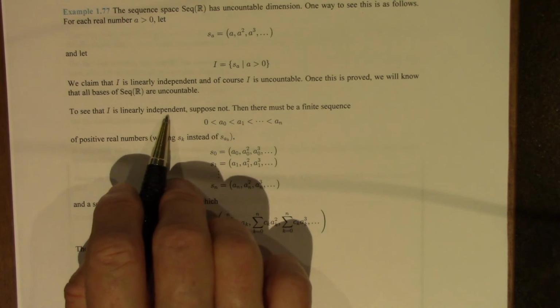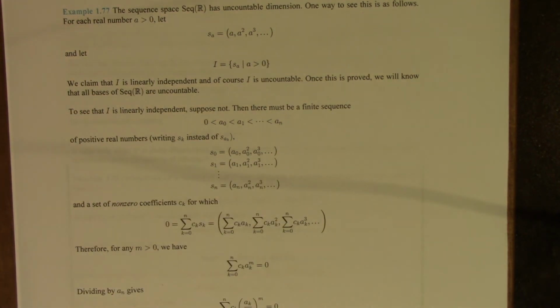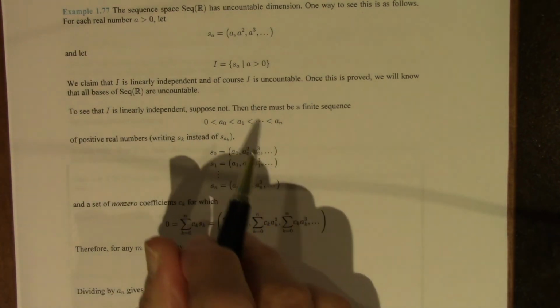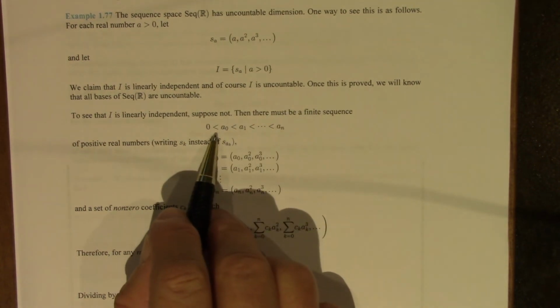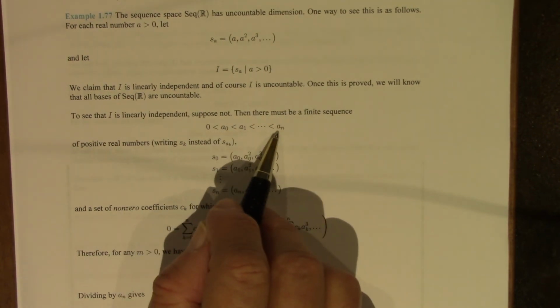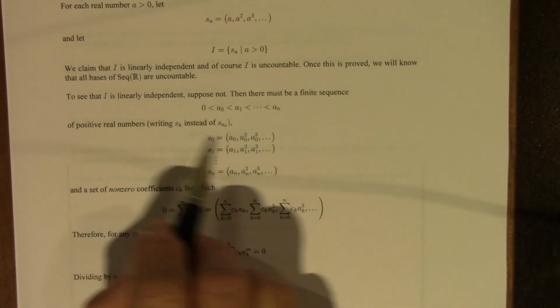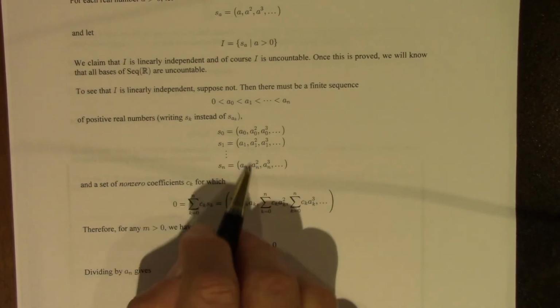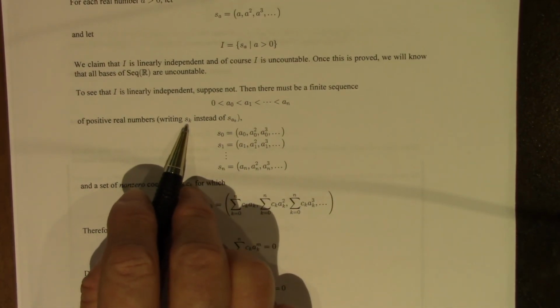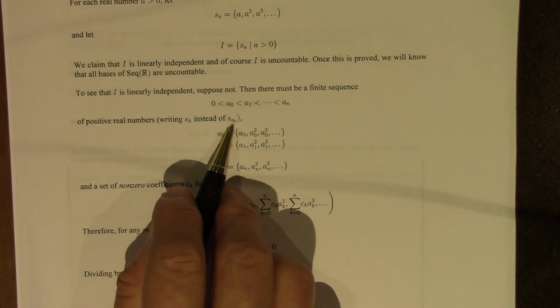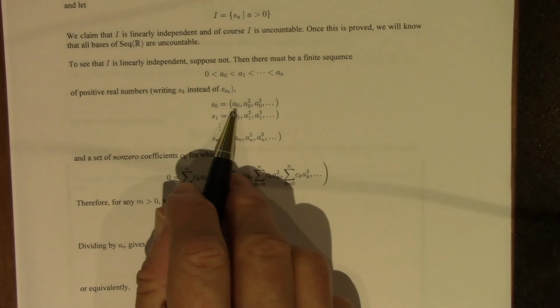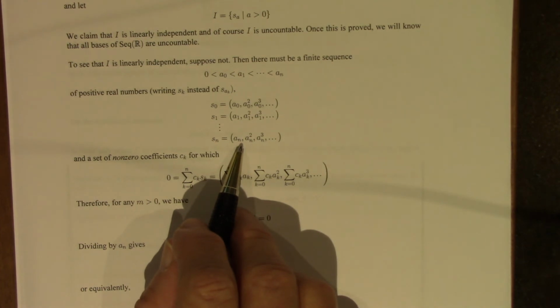To see that I is linearly independent, suppose it's not. That means there must be a finite sequence of real numbers, I can organize them in increasing order. They're positive real numbers, and I'm going to denote the sequences that correspond to them by S sub k rather than S sub a sub k. So we have these n plus 1 sequences that are linearly dependent.